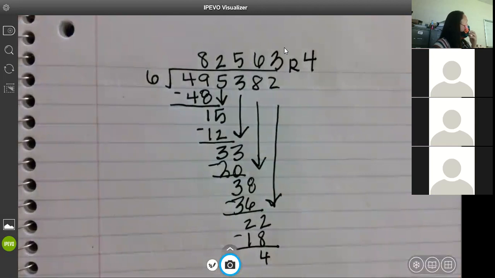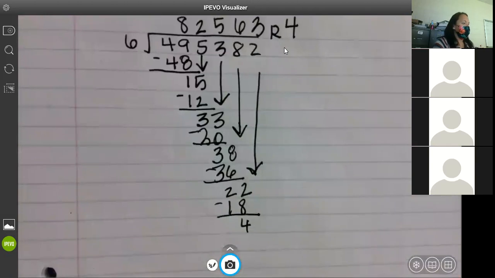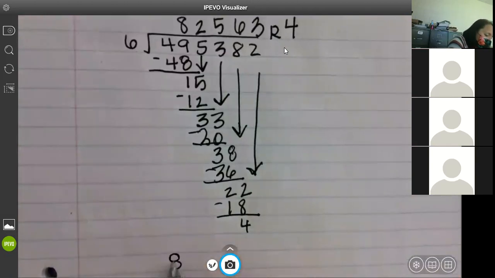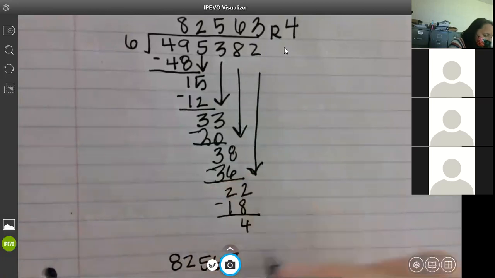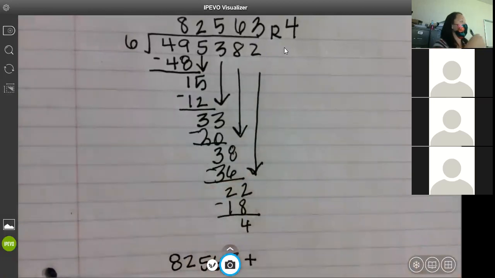All right, so what this actually is and where the decimal comes from, because I don't know that you've ever been taught this, and I've never taught it, period. But when I do long and synthetic division, I do teach this. So how do they get that decimal on the end? Your answer is 82,563. You're going to put a plus showing that remainder.